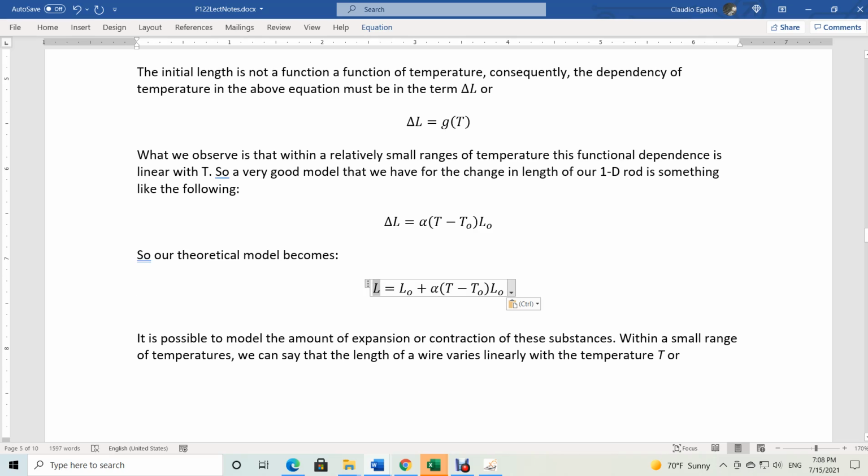The length varies linearly with the temperature. That's what you have to remember.